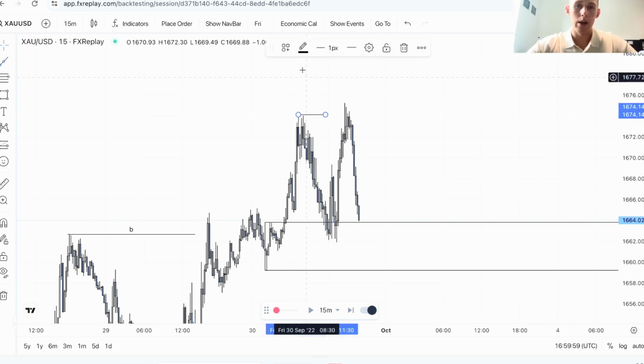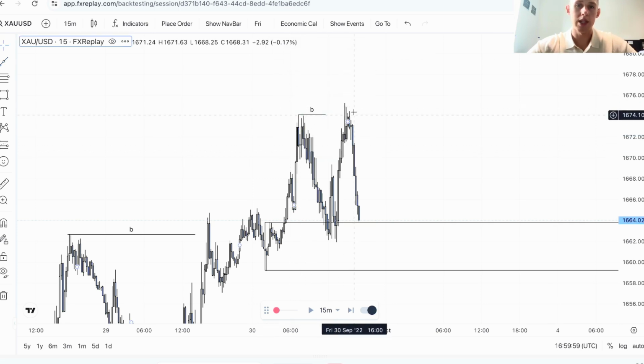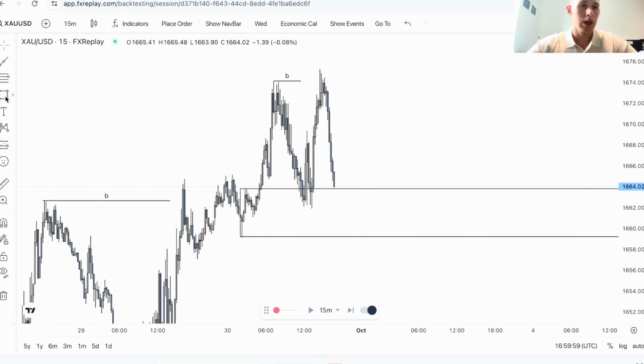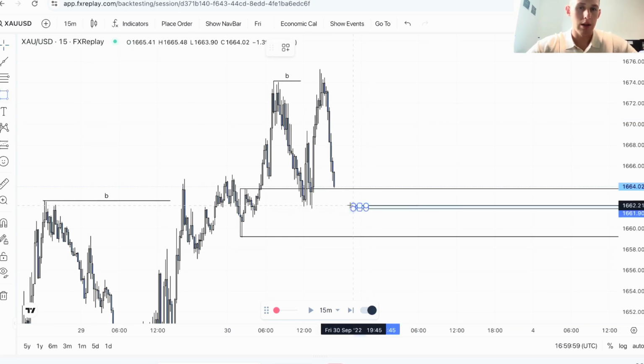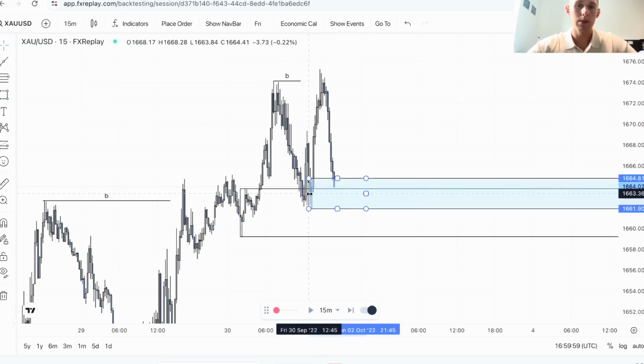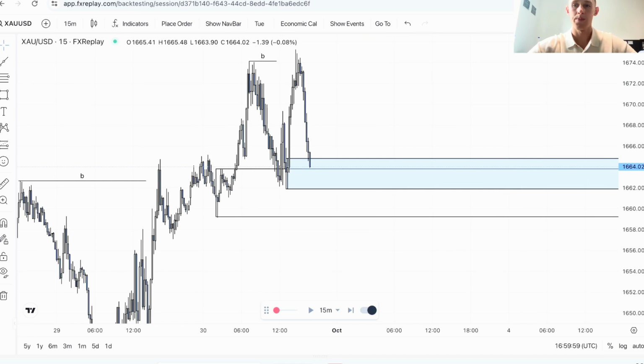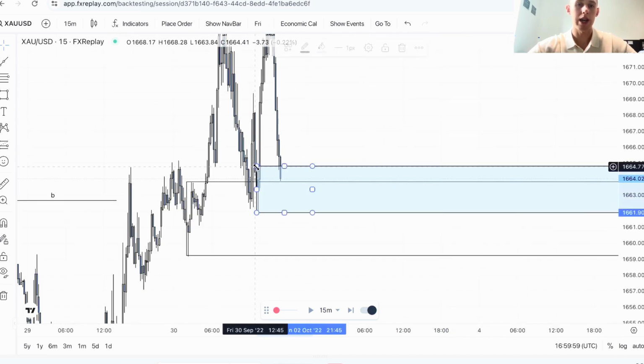So we've had a break of this high. I would consider that a break of structure. This area of demand would be valid for me simply because it swept these lows to the left. It was imbalanced. And you could also say it's the extreme of this current leg of the trend. So this being the low and this being the high. So let's see how price reacts here.